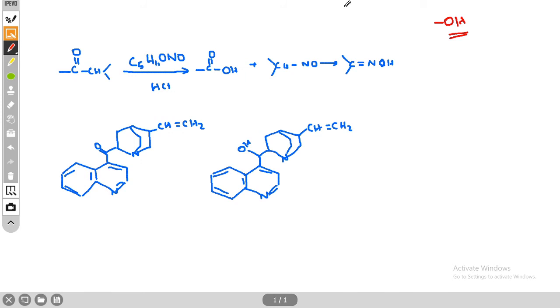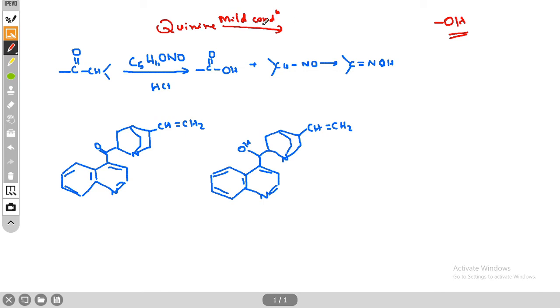The position of the hydroxyl group in quinine was established by Rabe et al. He oxidized quinine under very mild conditions.